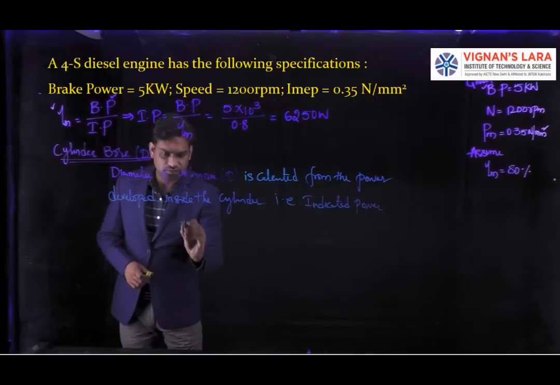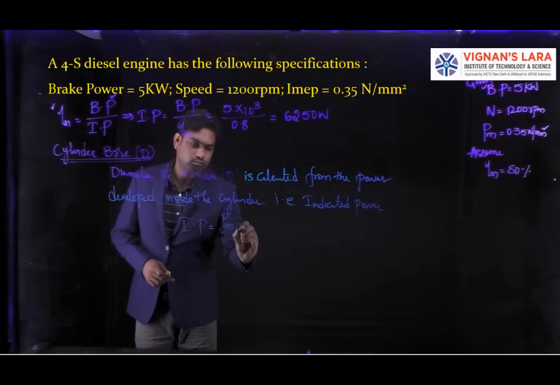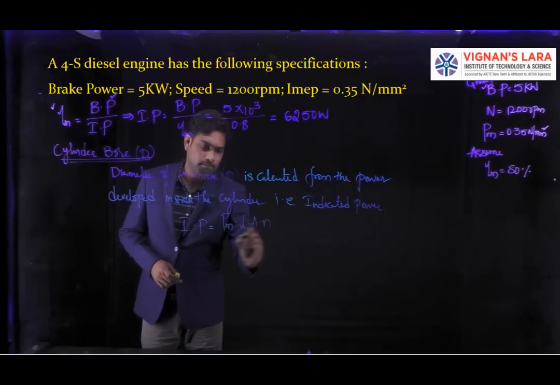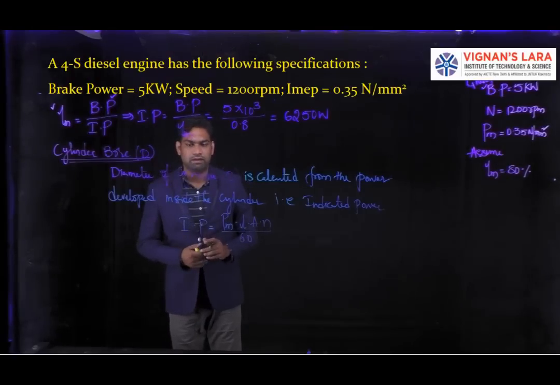So what is the equation of indicated power? IP equal to PLAN by 60.